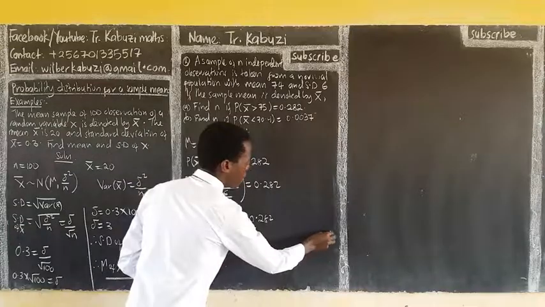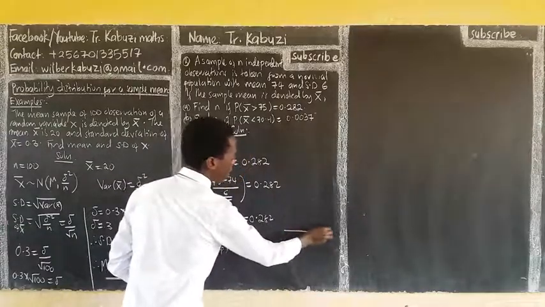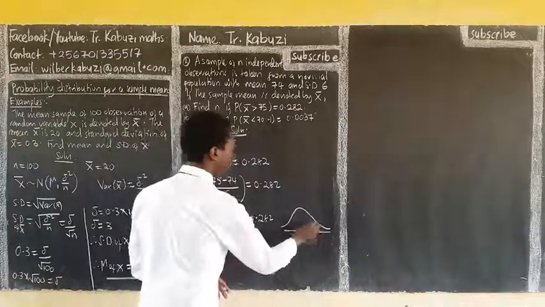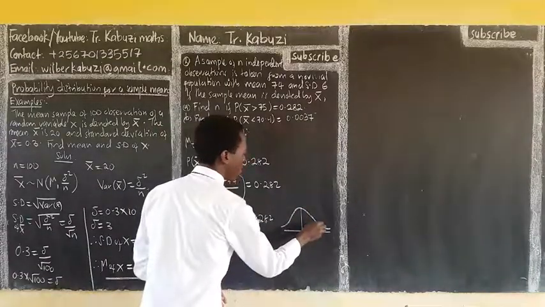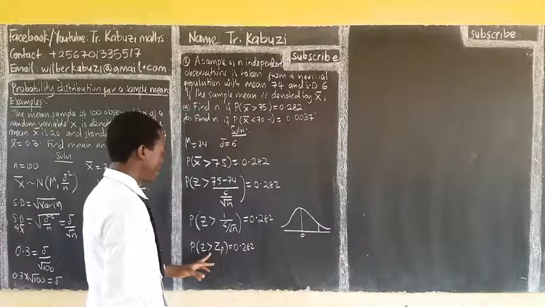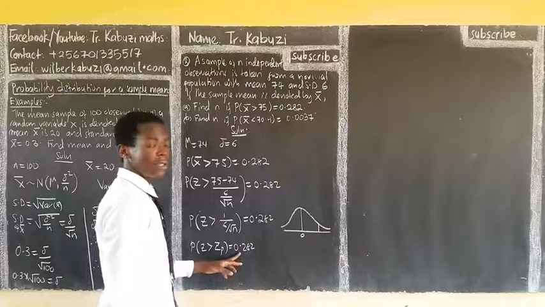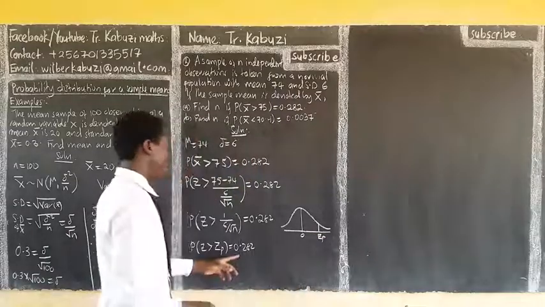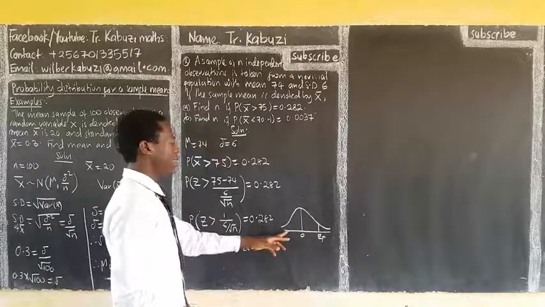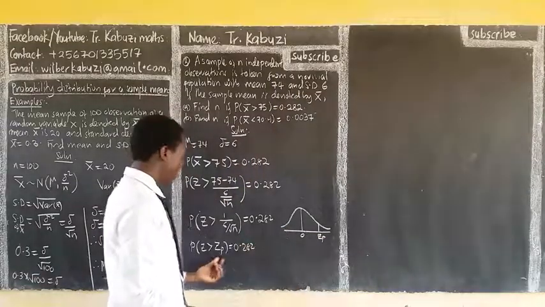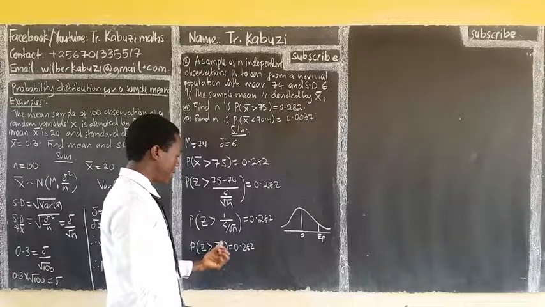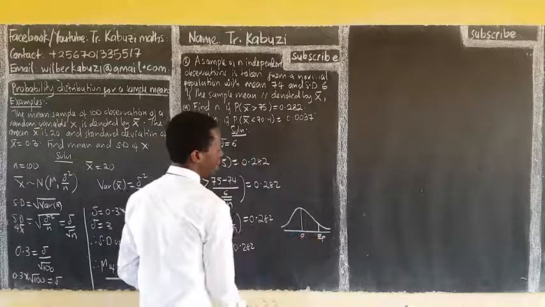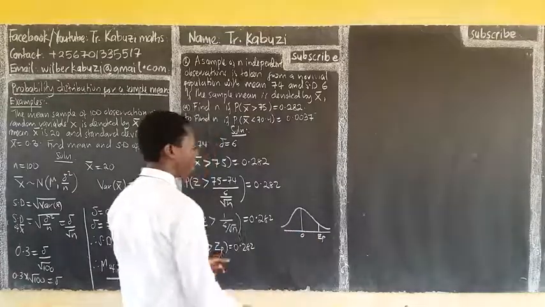So we do a simple sketch here. This is the standard normal. Because this is smaller than 0.5, the z we want is positive. If it's bigger than 0.5, then it's negative.